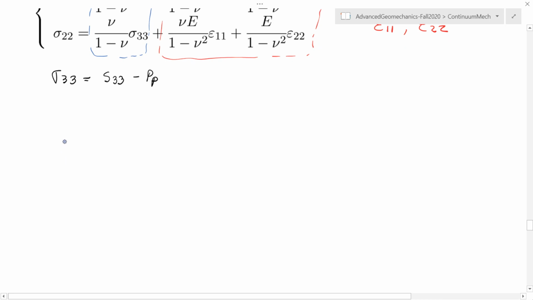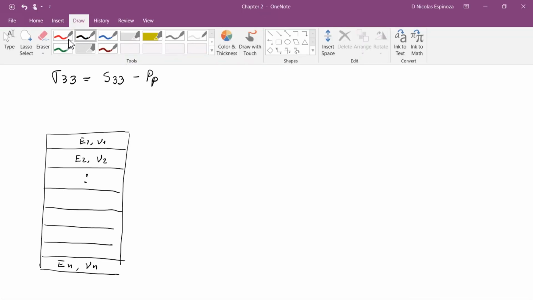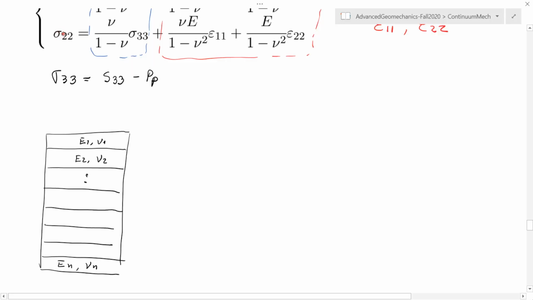So in that case, for example, if I had a stack or a sequence of layers, all of them with different Young modulus, for example, E1 and Poisson ratio 1, E2 and Poisson ratio 2, and so on, all different from each other, I could also apply this model that I have in here, but then I would have to define what is a tectonic strain.